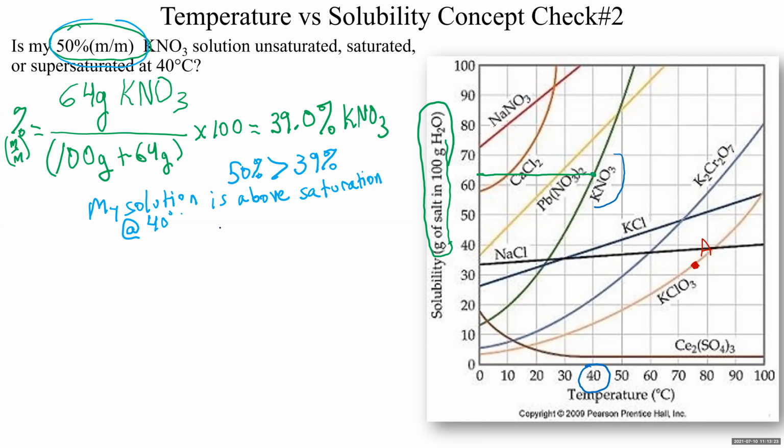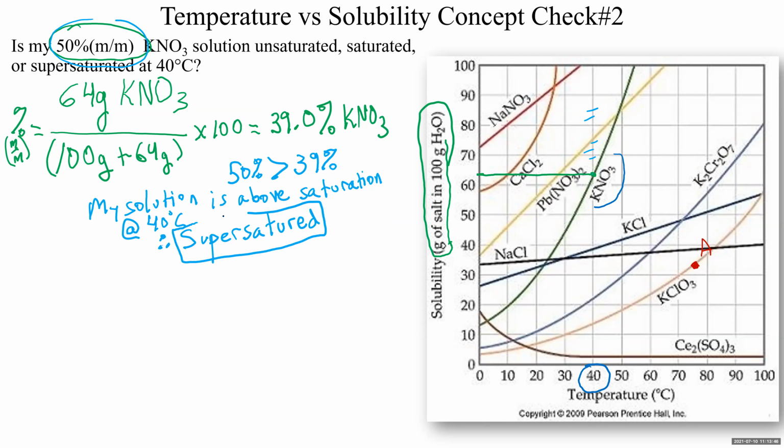Well, it's not saturated if it's above, right? Anything above the graph represents what? Supersaturated. Therefore, these three dots, by the way, mean therefore, I think I've said that before. Therefore, my solution is supersaturated. It's got more solute dissolved in it at 40 degrees Celsius than it can technically hold.